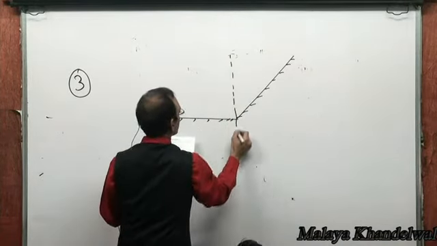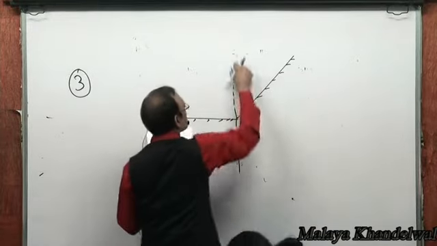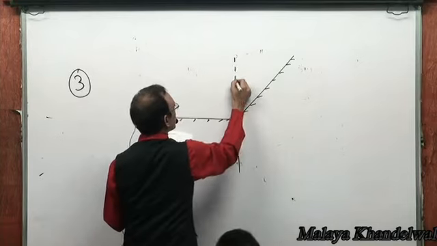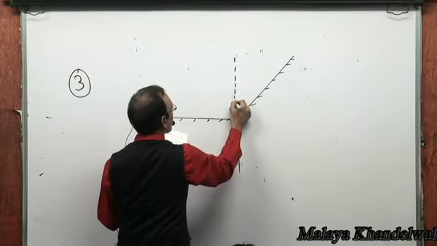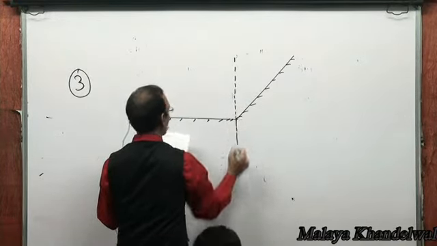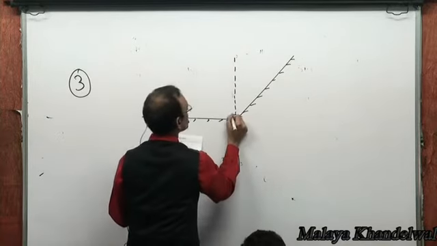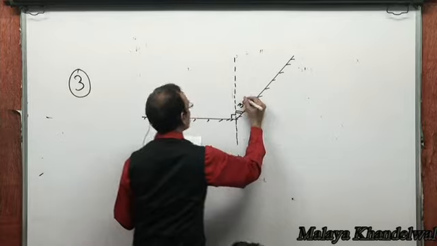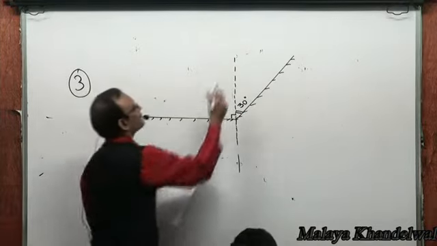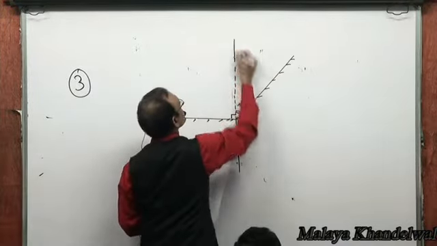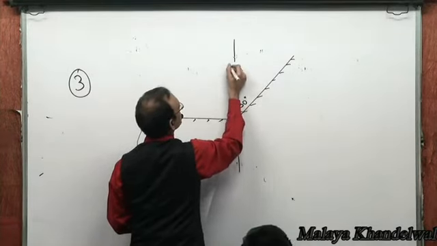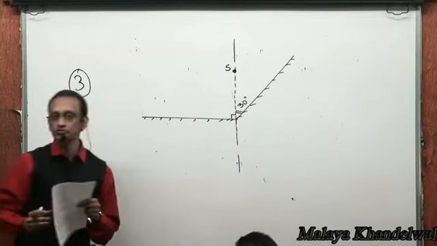This is a line perpendicular to the horizontal mirror. And this angle is 90 degrees, this is 30 degrees, right? And there is a point source of light here, S.